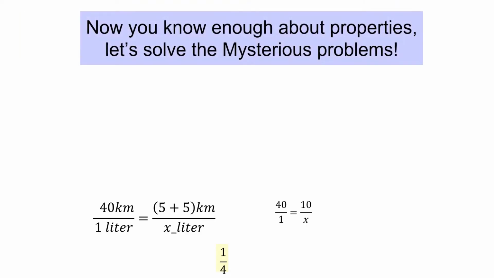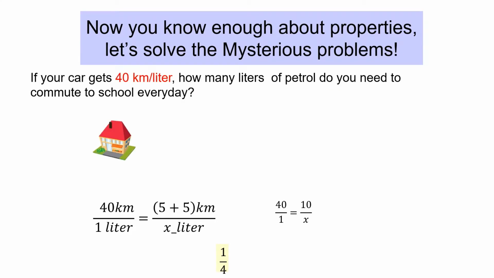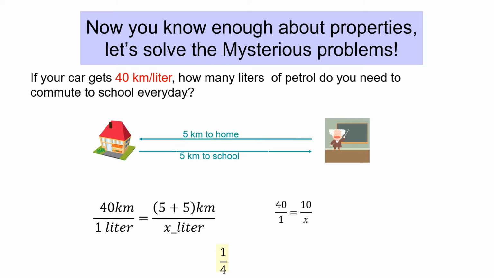Now we solve one example. If your car gets 40 km per liter, how many liters of petrol do you need to commute to school every day? The total distance is 5 km from home to school. Let x be the number of liters we need for a day.